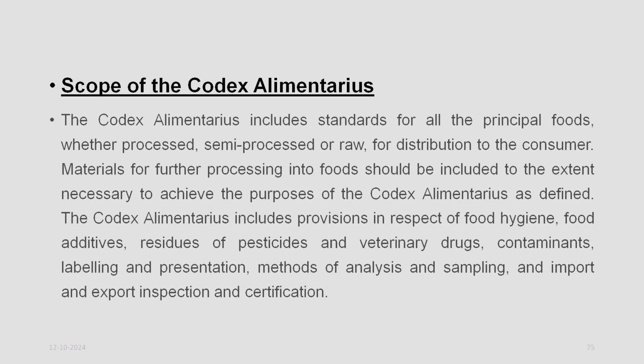Materials for further processing into food should be included to the extent necessary to achieve the purpose of Codex Alimentarius as defined. The Codex Alimentarius includes provisions in respect of food hygiene, food additives, residues of pesticides and veterinary drugs, contaminants, labeling and presentations, methods of analysis and sampling, and import and export inspection and certification.